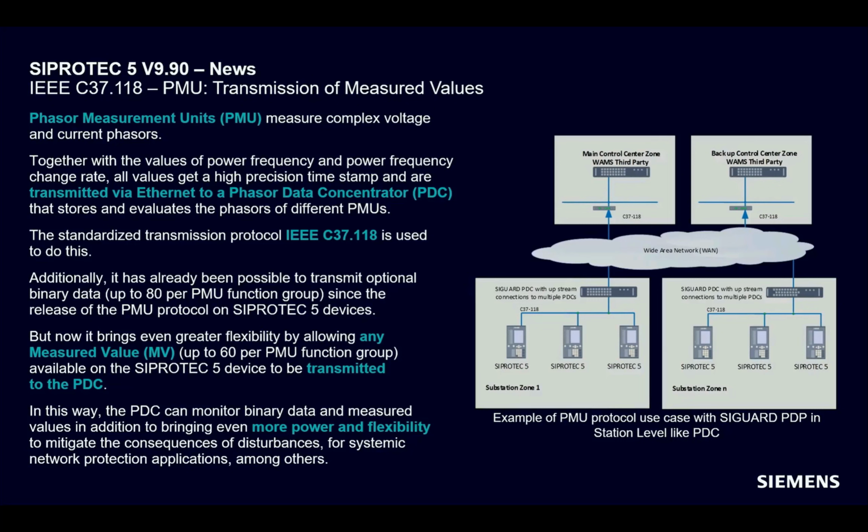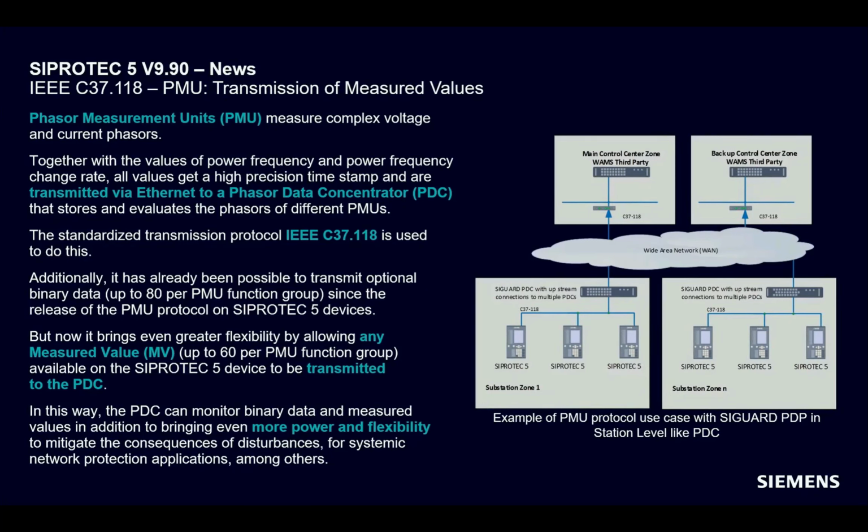All values get a high precision timestamp and are transmitted via Ethernet to a phasor data concentrator that stores and evaluates the phasors of different PMUs, in accordance with IEEE C37.118. To facilitate a better understanding of a PMU solution, we present here as an example a PMU protocol use case with SIGUARD PDP on station level working as a PDC.